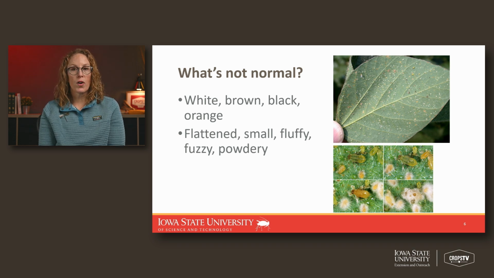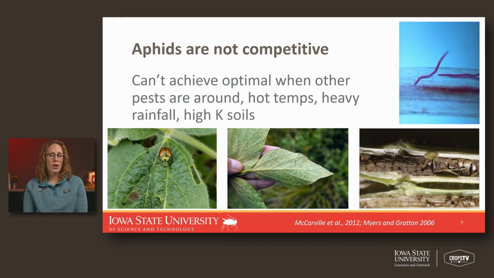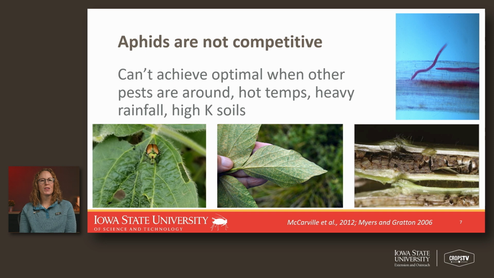And like all fungal outbreaks, you have to have the right environmental conditions, such as temperature and humidity. But to see these powdery-looking donuts is a good thing, meaning these fungi just wipe out aphids on their own. Also, aphids have a hard time reaching that optimal growth because they're kind of wimpy and not very competitive.